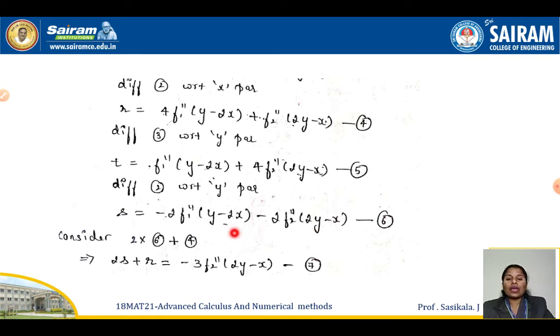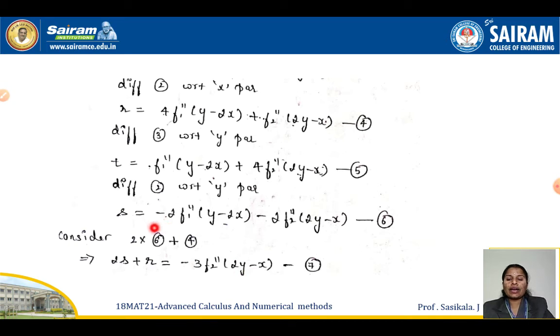Now you can see equation 6 has a similar kind of terms to equation number 4. So I multiply by 2, and I'll get minus 4 f1 double dash of y minus 2x, then minus 4. So this term I can replace with s. For that reason I multiply with 2 and add with equation number 4. On the left side I have 2s plus r, and on the right you will get minus 3 f2 double dash of 2y minus x.